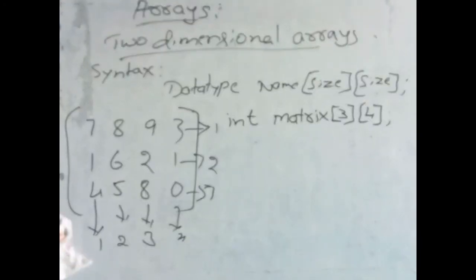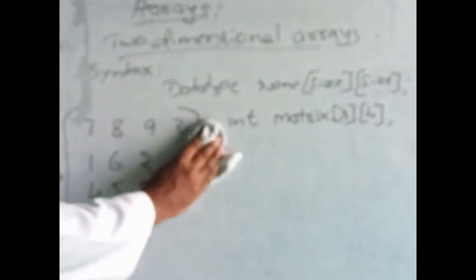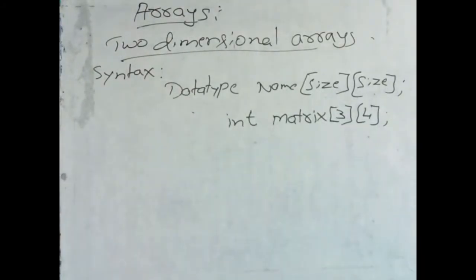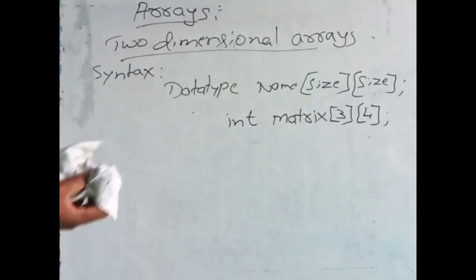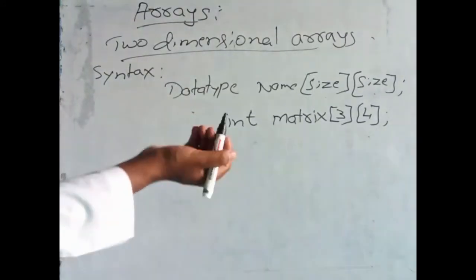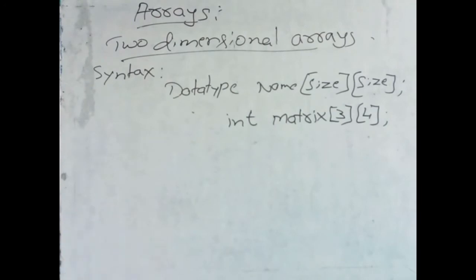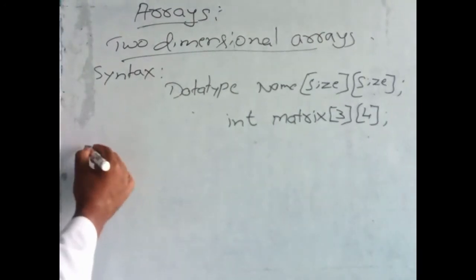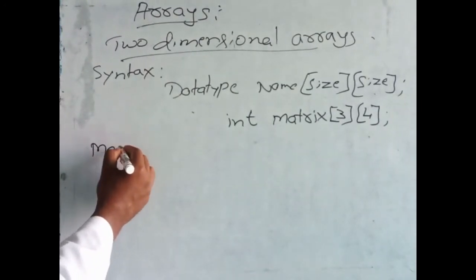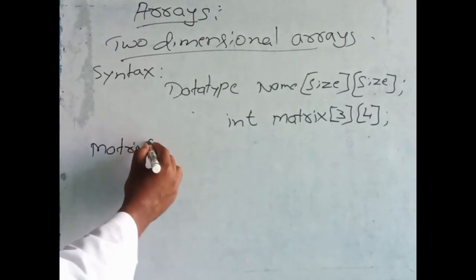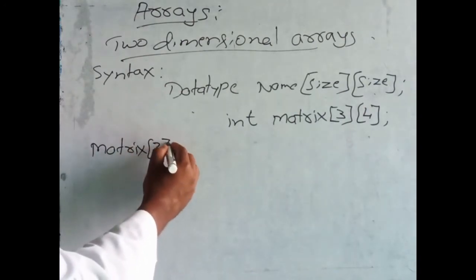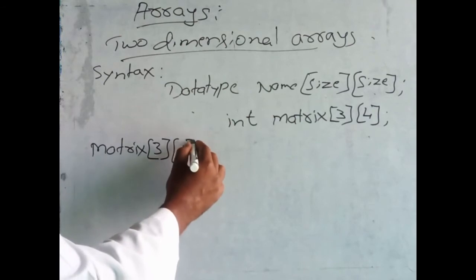This is the declaration. Now we will see how to initialize the matrix. For example, how many rows we require, we can add. There is one way to initialize the matrix. Here I will write directly matrix of 3, 4.